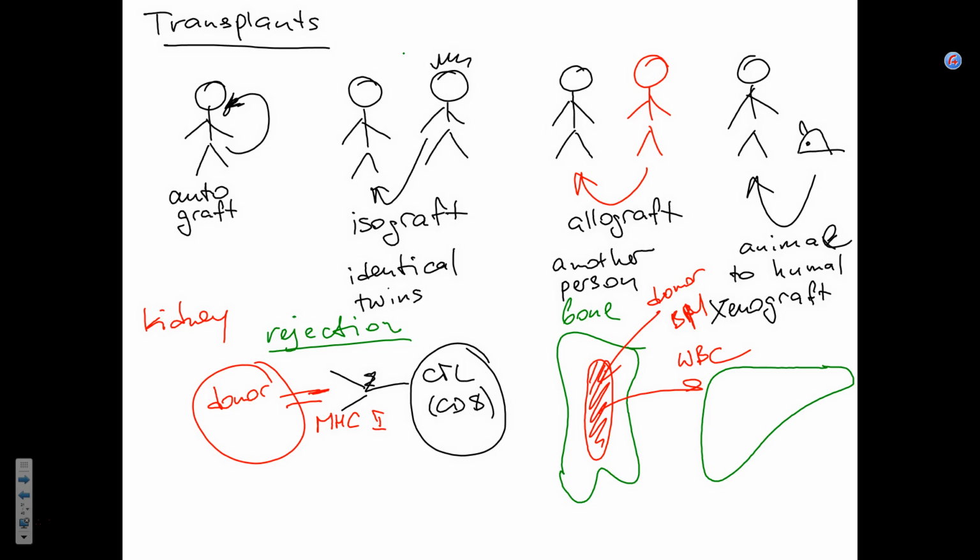This is called graft versus host disease, or GVHD. It's a huge problem in bone marrow transplantation, really big problem. You can imagine that the better the match, the lower the chances of graft versus host disease.